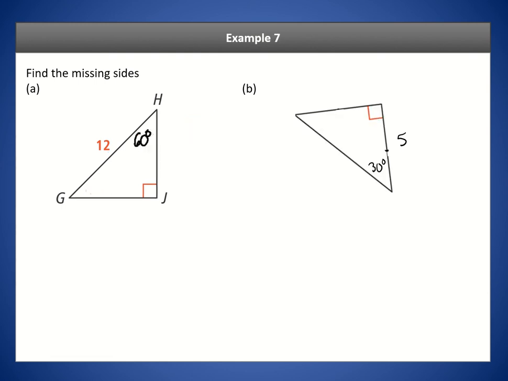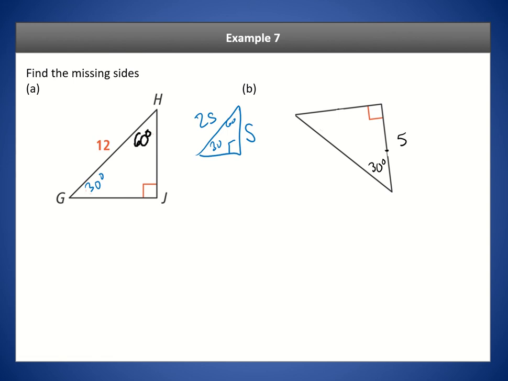All right, so looking at the next example, we have a 30, 60, 90 triangle. Remember that for the 30, 60, 90 triangle, the shortest side is the side next to the 60. So this is the shortest side, we call that S. And the hypotenuse is always double S or double X, whatever you want to call that variable.